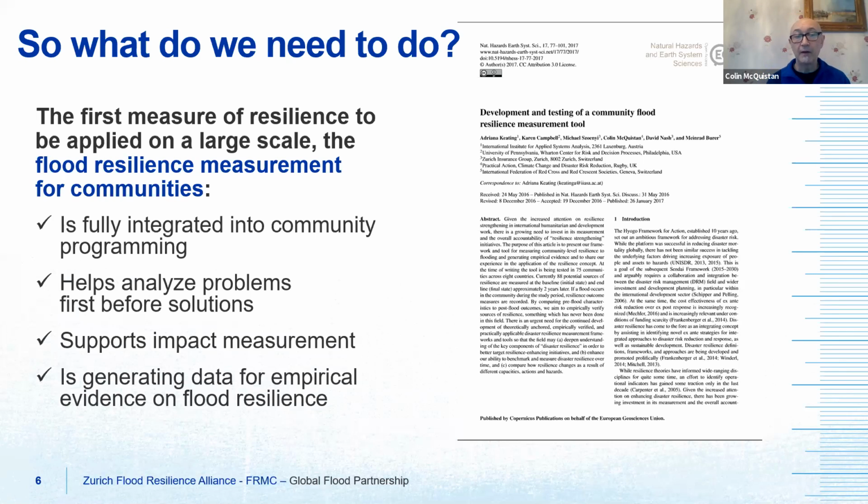And then finally, and one of the most important aspects of this work, it's not just about improving the situation for community X on that river, but it's generating that wealth of empirical evidence that we can then use to shift local government, national government, and global policies around resilience, flood resilience, climate resilience.